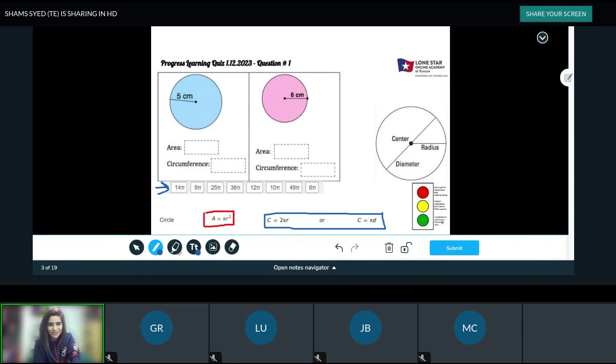You have to pick one of these answers and put them in the box. And 78.5 is not there, so you have to answer in terms of pi. And let's see how you can do that. Yes, Isaiah, I was asking 5 centimeters represents what? The blue circle, 5 centimeters represents?